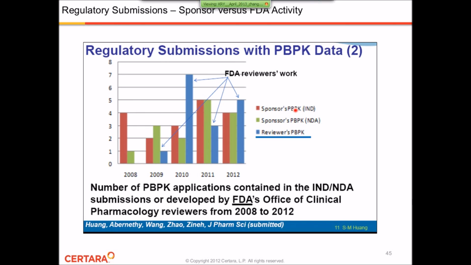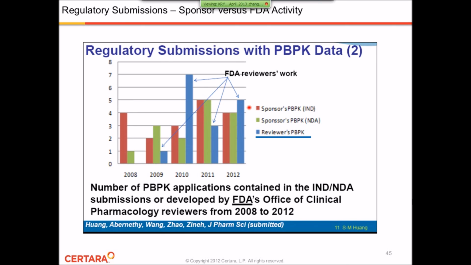This represents the IND submissions that were done by the sponsor, and this is the NDA submissions. So in 2012, there were 4 IND submissions and 4 NDA submissions done by the sponsor.